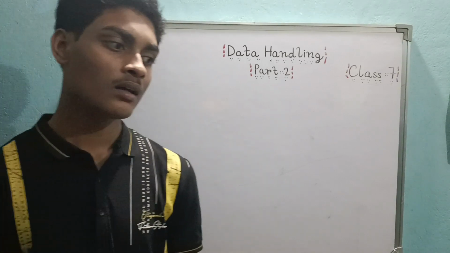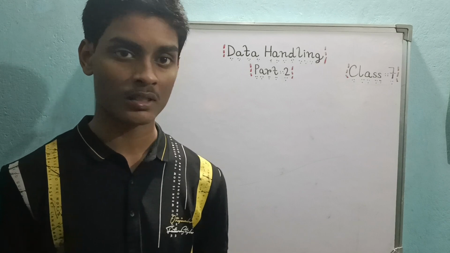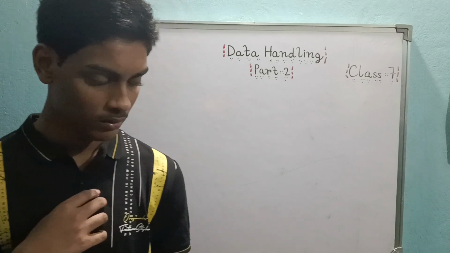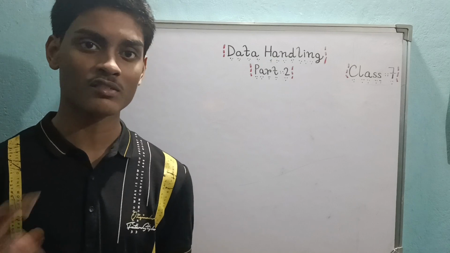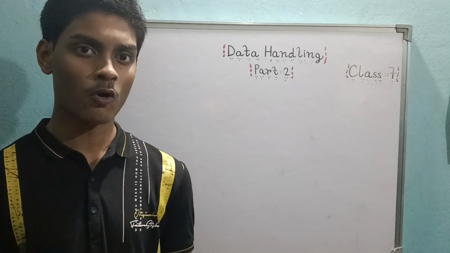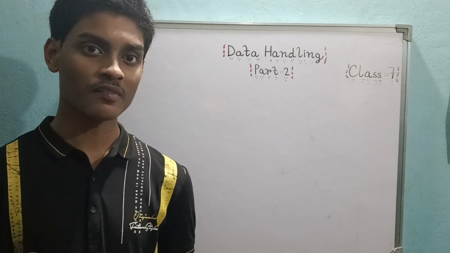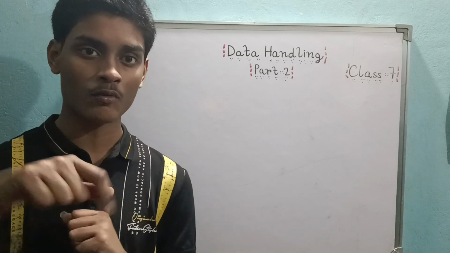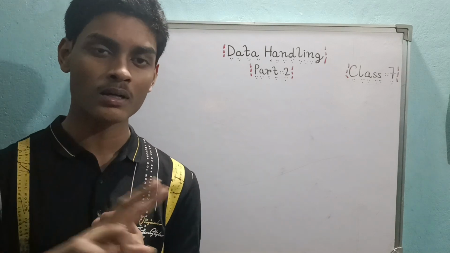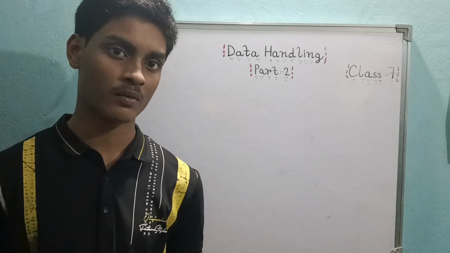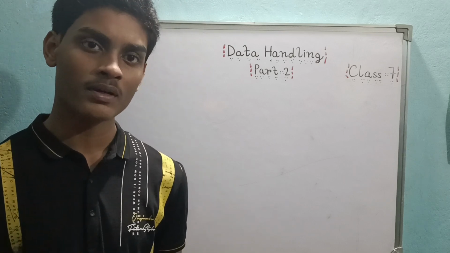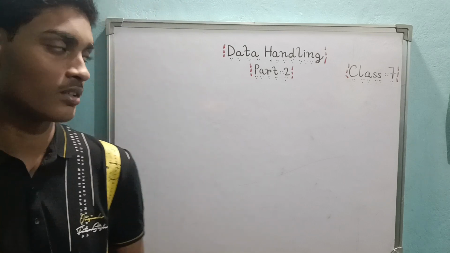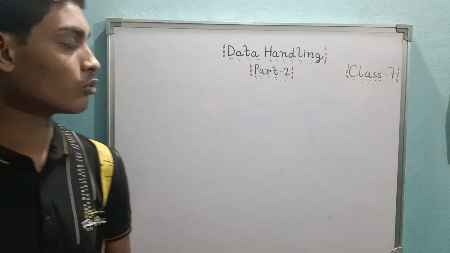Frequency is the number of times each data value has been used. Tally is writing the frequency using sticks. Like if you have frequency 4, then 4 sticks. Frequency 7: 1, 2, 3, 4, cut it down for 5, and another 2 sticks, 5 plus 2, 7. You can take a maximum of 5 units in one group, so if it's 11, you take 2 groups of 5 and then 1 stick. That's how you do it.